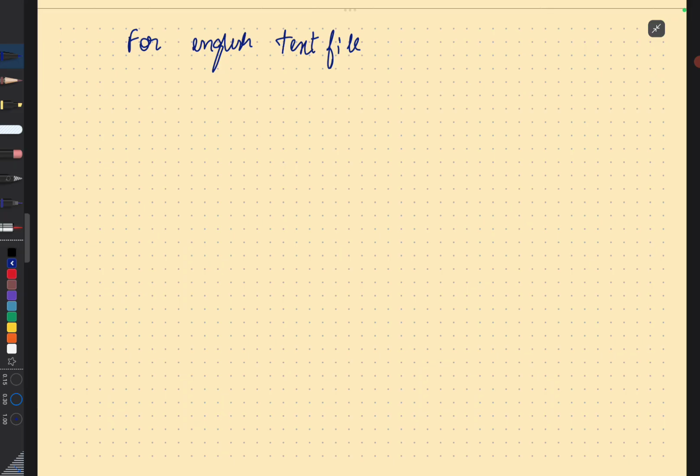And the way we went about designing a compressor for this English text file was that we first computed the empirical frequency of letters in this English text file. And we took that as the probability mass function, designed a Huffman code for the empirical frequencies essentially. And then just implemented the Huffman code and encoded the text file character by character.